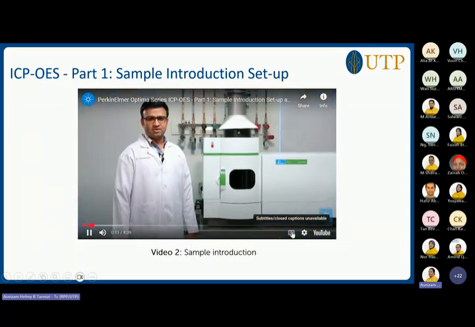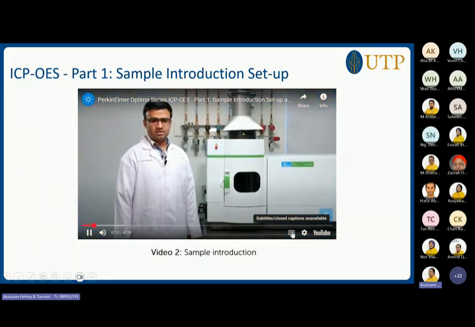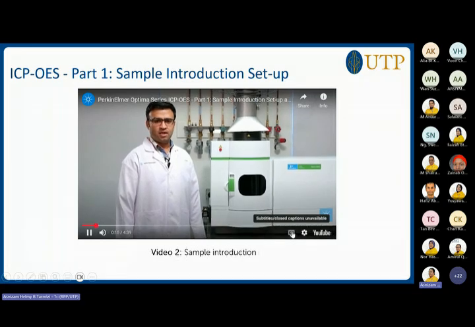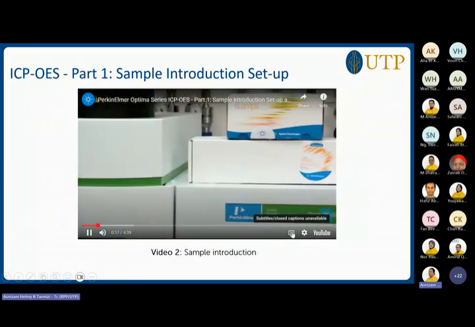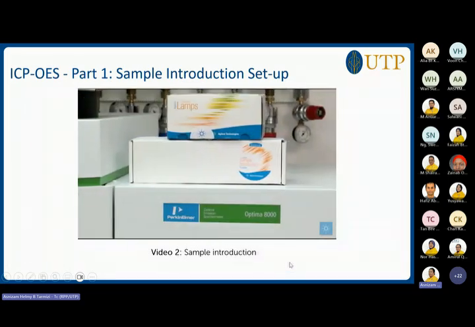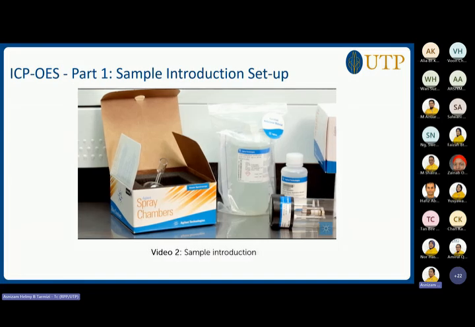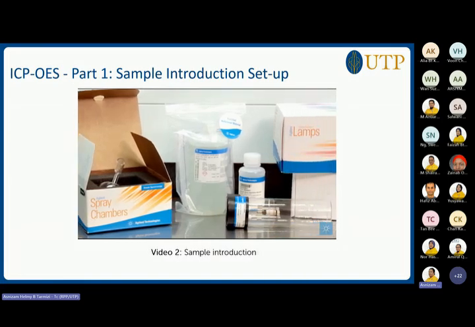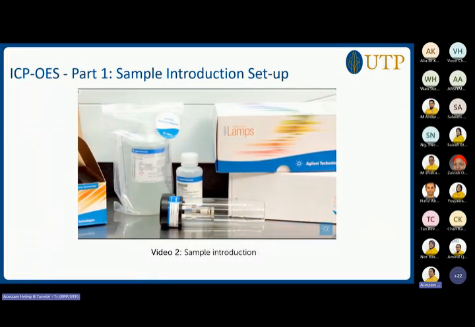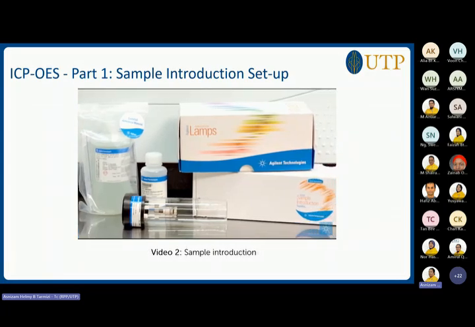Hello, my name is Ankit Shah and I'm from Agilent Technologies. Let me tell you a bit about the PerkinElmer Optima ICP OES. The PerkinElmer Optima ICP OES spectrometers are a dual-view benchtop ICP OES system. Agilent now offers a range of supplies for your PerkinElmer ICP OES that are fully qualified and guaranteed to be compatible.